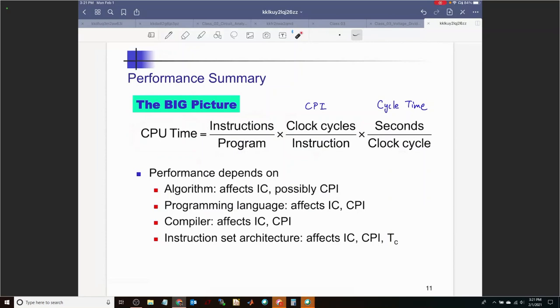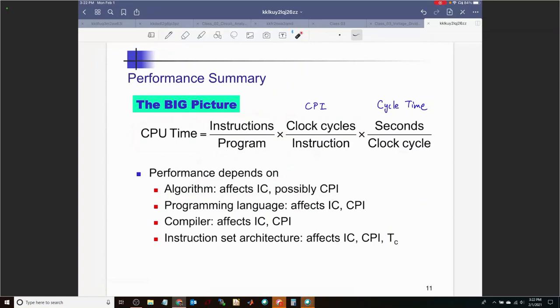Now, the performance depends on different aspects of a computer. So for example, if you wanted to improve the algorithm of your program, then that affects the instruction count and may also affect the clock cycles per instruction. How do you think the algorithm affects instruction count?